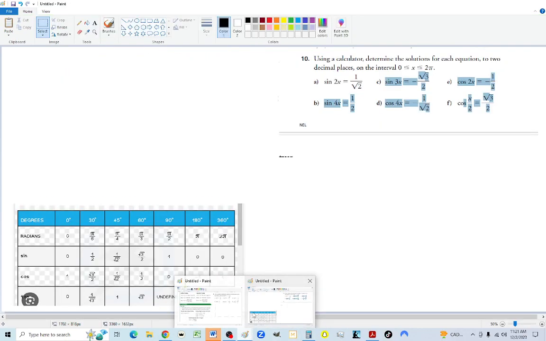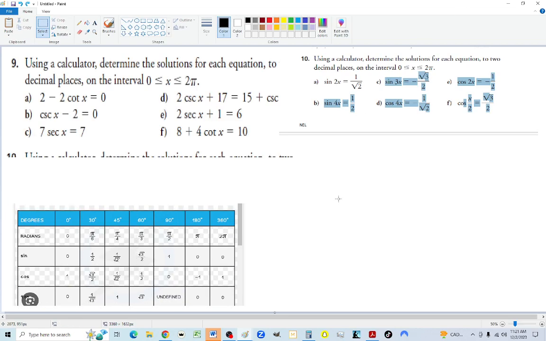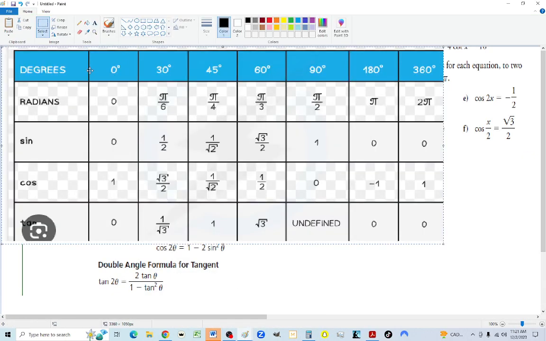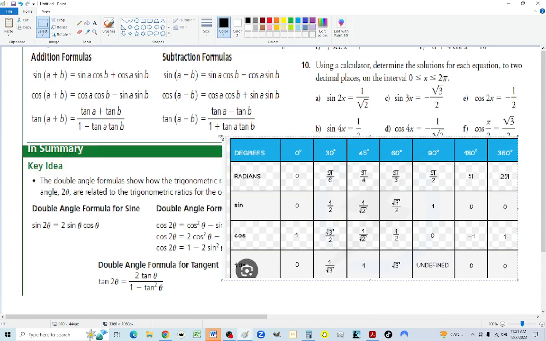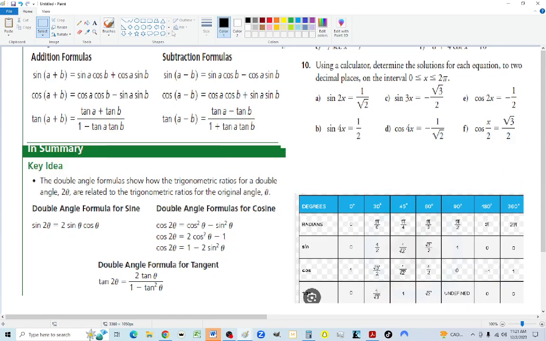So we're going to bring over this as well. We're going to plunk it right in the bottom. And we're going to say, okay, the first one, where is sine x positive? Quadrants 1 and 2.